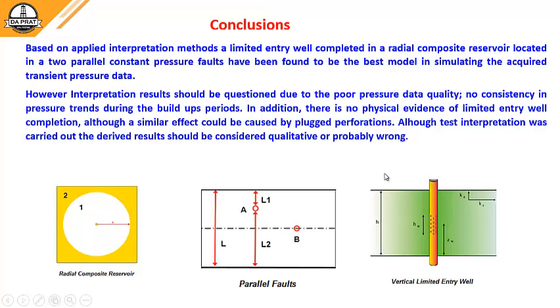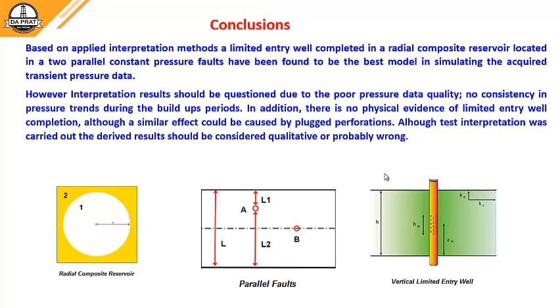No consistency in pressure trends during the build-up periods is a good example. In addition, there is no physical evidence of limited entry well completion, although a similar effect could be caused by plug perforation. In this case, this is just words. If that is the case, one way to verify it is just to run a production logging tool, which has not been done here.